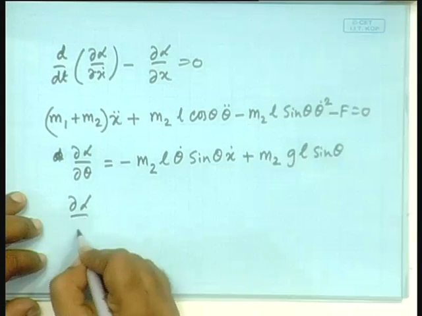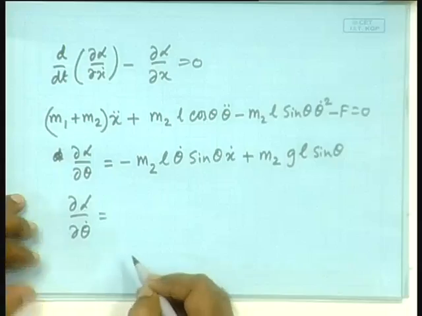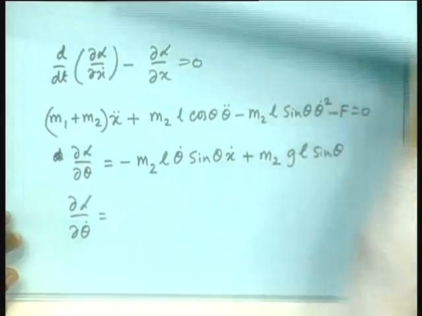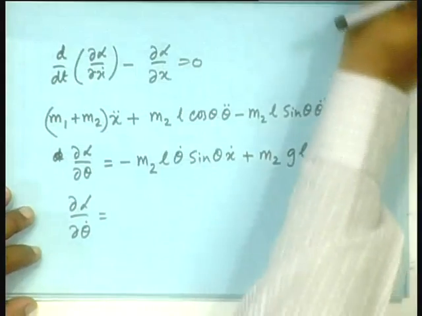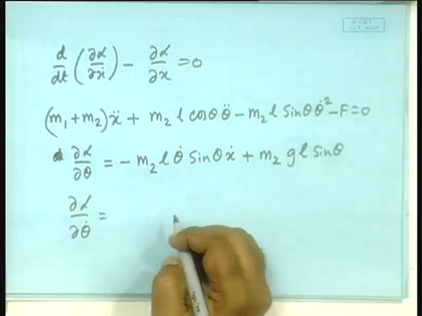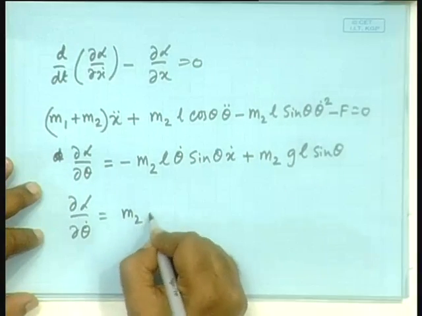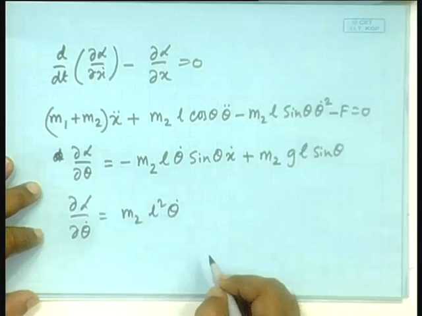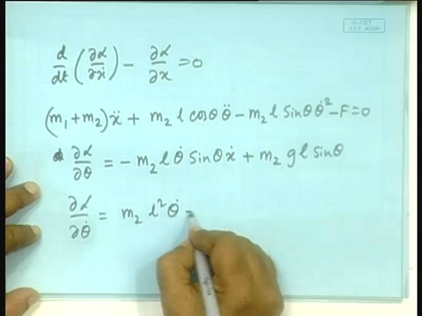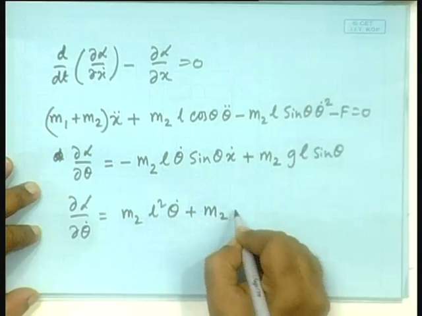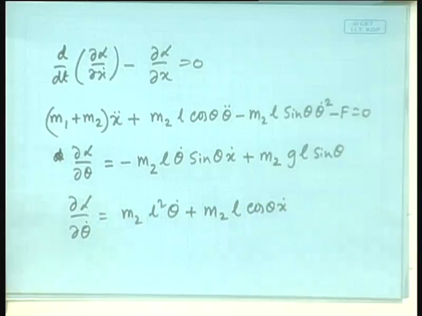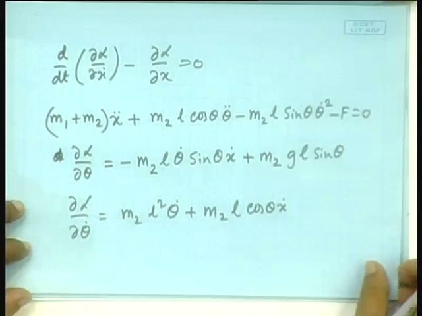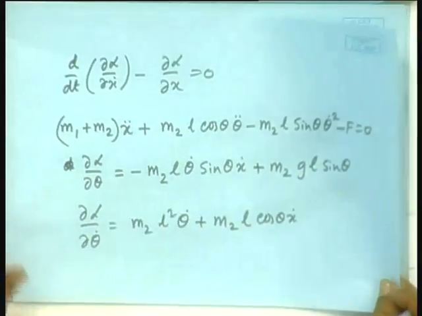And with respect to theta dot is, this term remains, this term remains, m2 L square theta dot plus m2 L cos theta x dot, right. Now again take the derivatives properly when you write this.